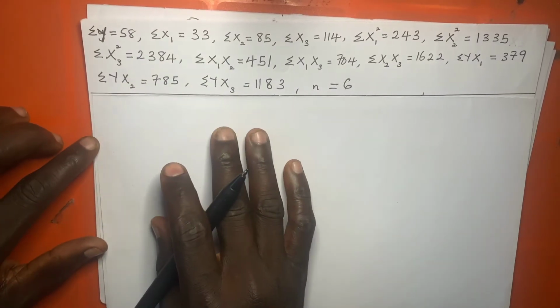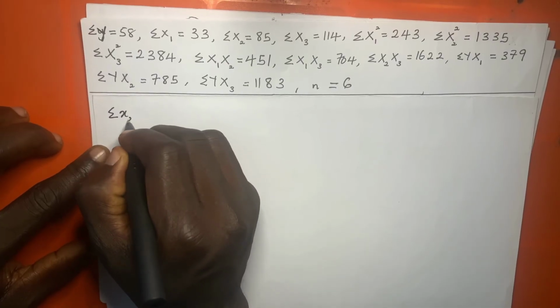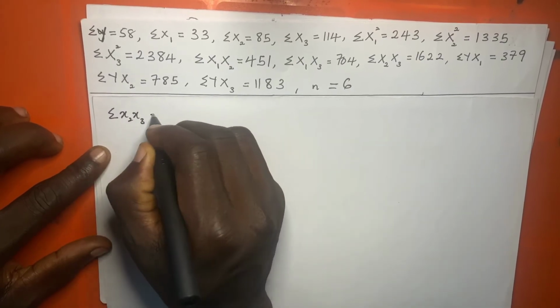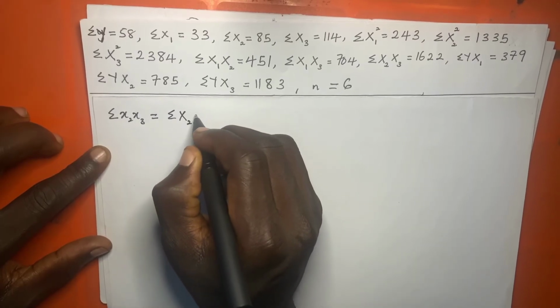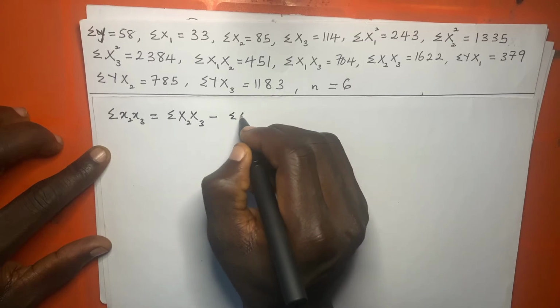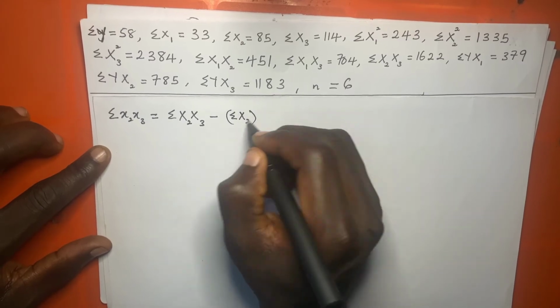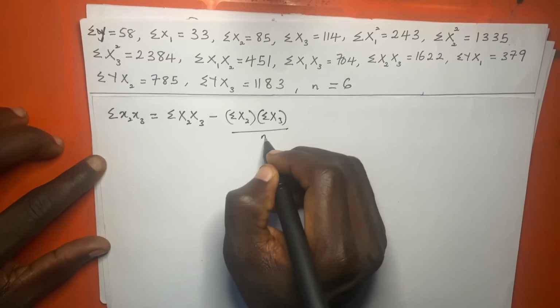Summation x2 x3 will give us summation x2 x3 minus summation x2 multiplied by summation x3 divided by n.